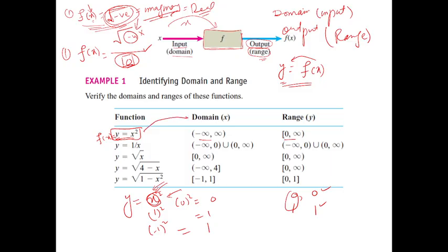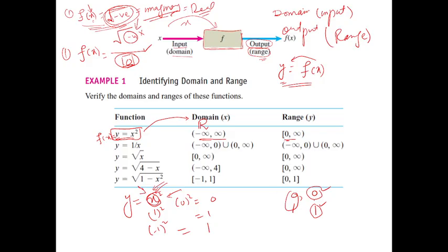The putting values are known as domain. So you can put any value from minus infinity to plus infinity, which means you can put any real number. But remember, your answer may be 0 and positive numbers. It should never give you negative, because they are squares, and when you put a negative value, it becomes positive.